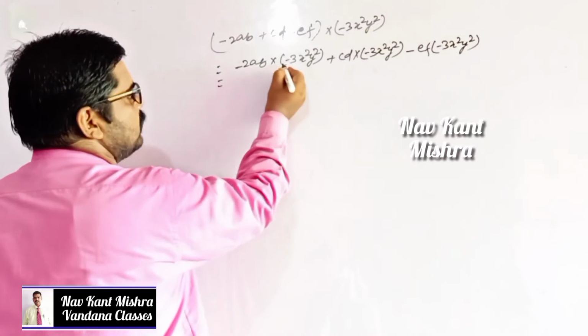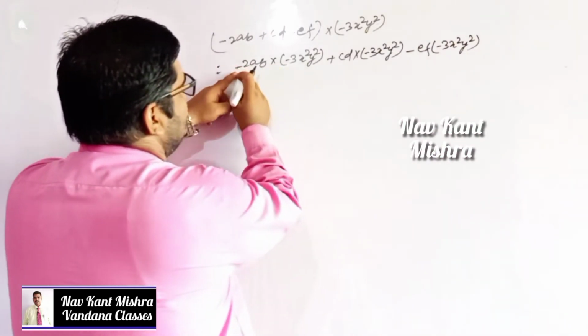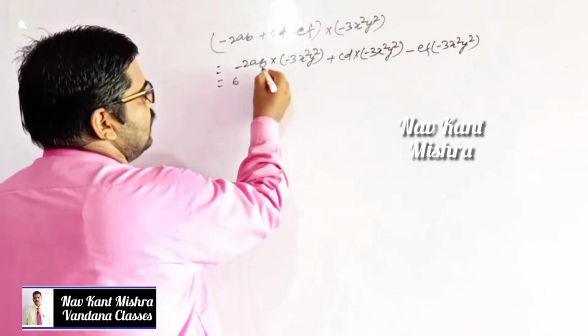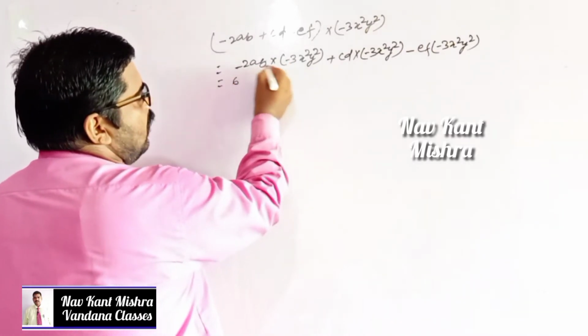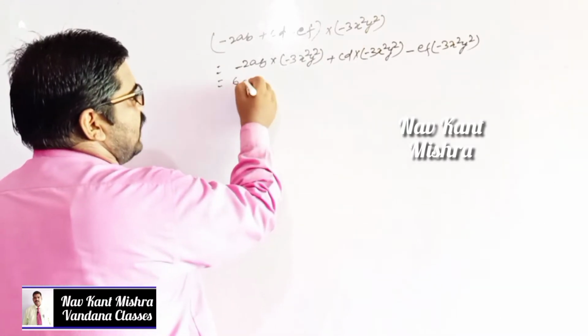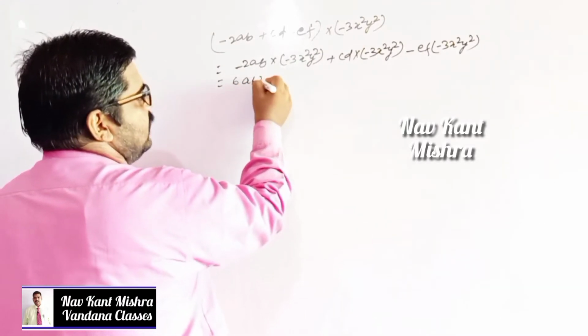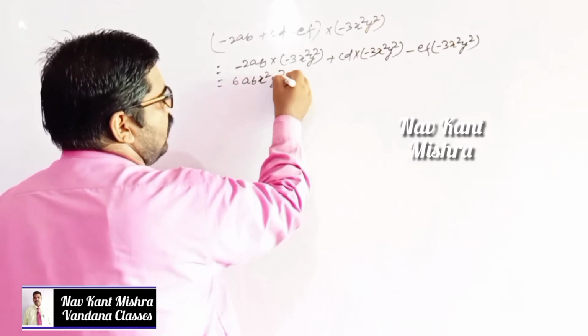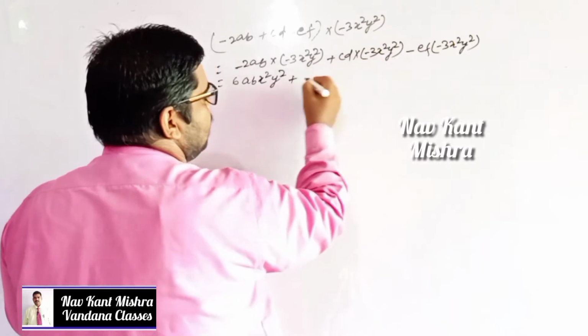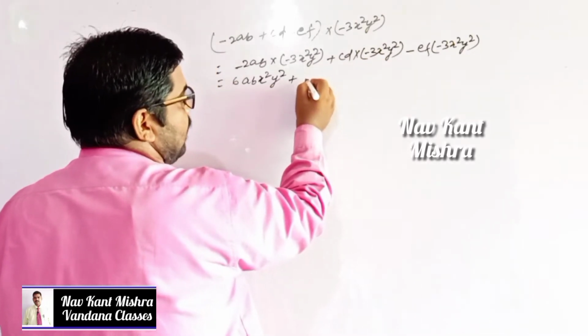And when you multiply, then you know that minus minus is plus, and 2 threes are 6, and after that all are different variables, and this is why you have to write 6abx square y square plus, in this case 1 is multiplied by minus 3, so the result is minus 3.